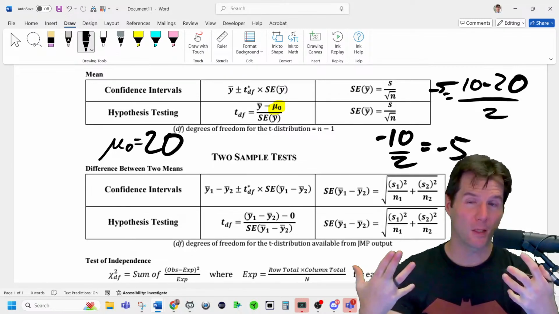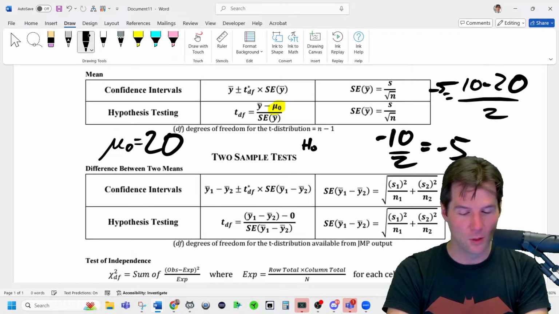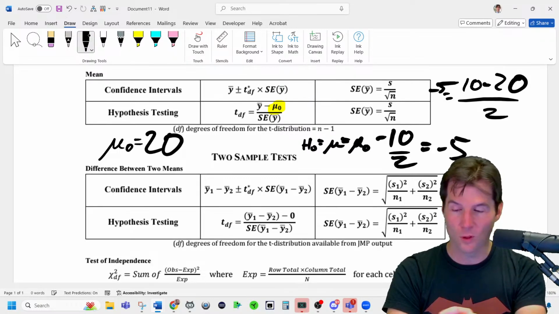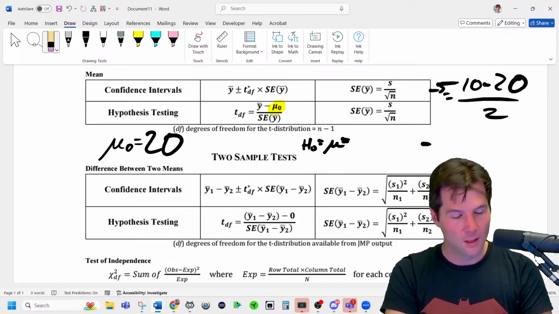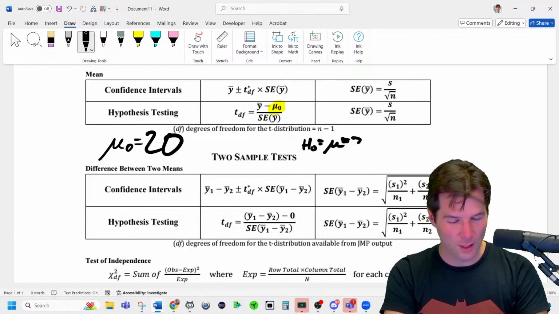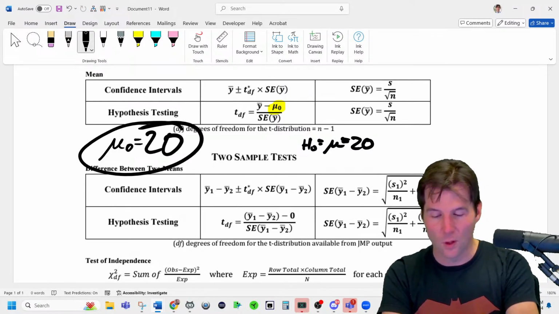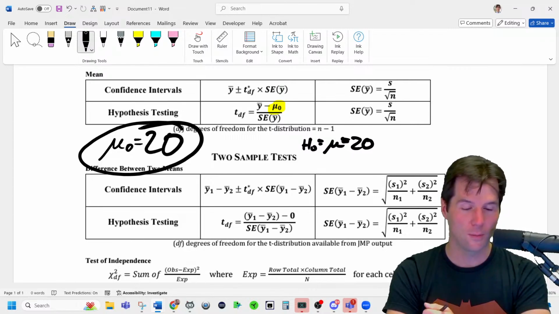So hypothesized true mean. And when you write out your null hypothesis, you write the null states that mu equals mu naught, but of course you would plug in the value of 20 to write the following, that we hypothesize that the true mean is equal to 20. And of course, 20 is mu naught in my example here. I'm just coming up with how it would sound to you in a question.